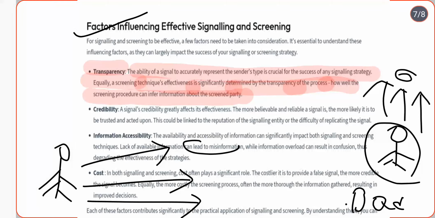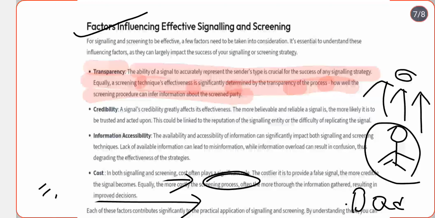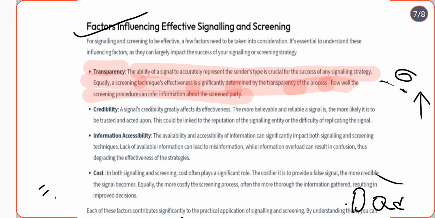If the questions are not good enough, how can you tell that you are going to be taking good quality candidates? So for getting good quality candidates, the screening procedure should be properly in effect. Otherwise, there will be no effective signaling or screening that will take place.